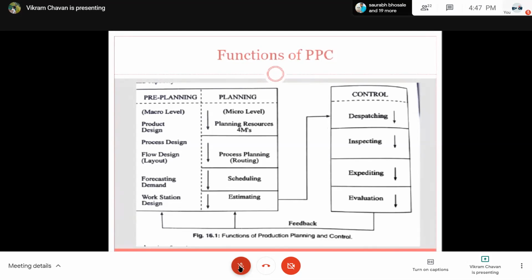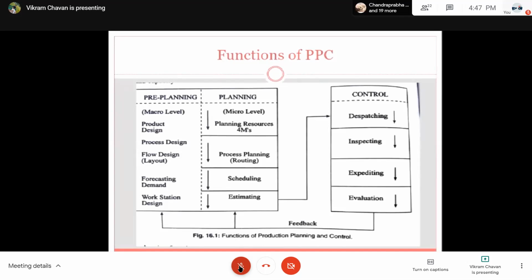This all comes under the pre-planning category. Everyone getting what is meant by pre-planning? Is there any question? Any problem? Any question related to pre-planning?